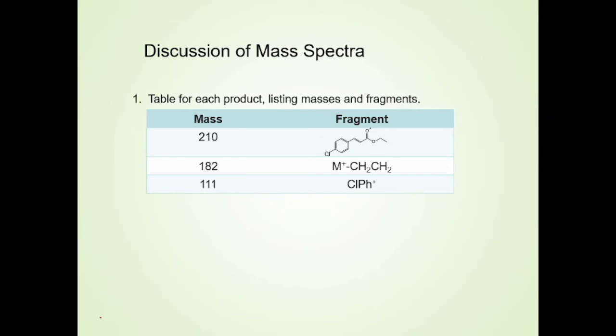For that parent ion, you could write Cl, phenyl, CH, CH, CO2, and you could even abbreviate this Et. Of course, put your positive charge on there. Or for this, you could also just say M+. M+ is that because that's the parent ion. And so you could do either one.